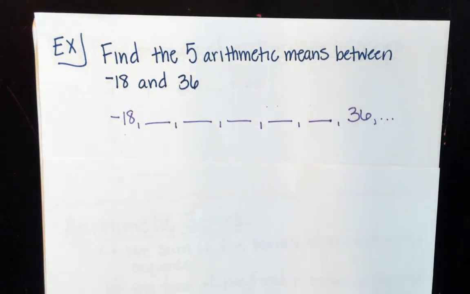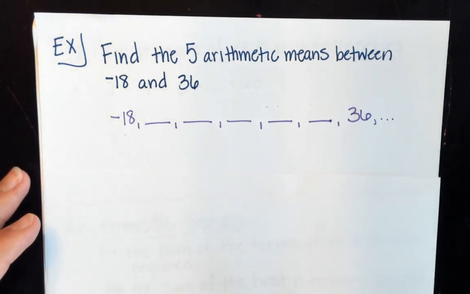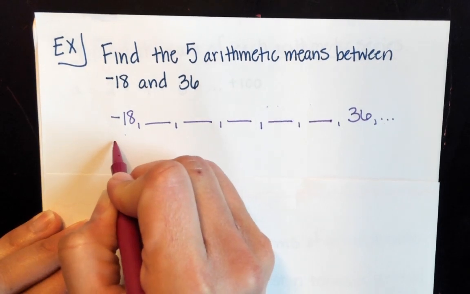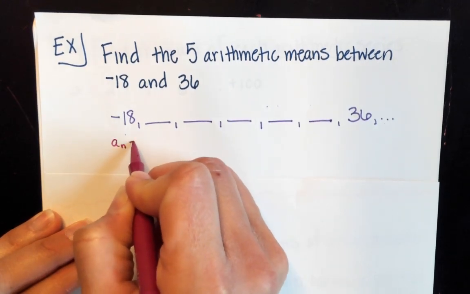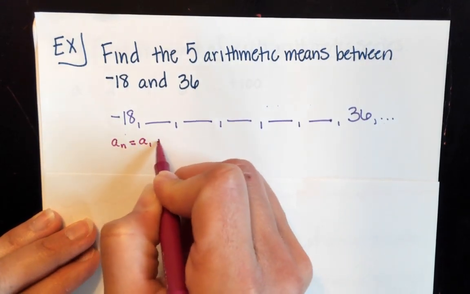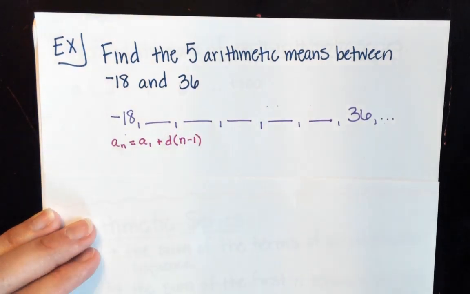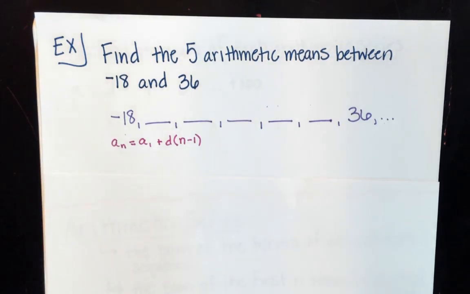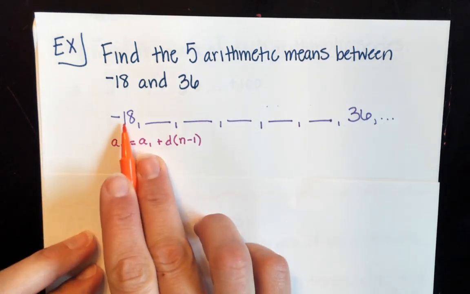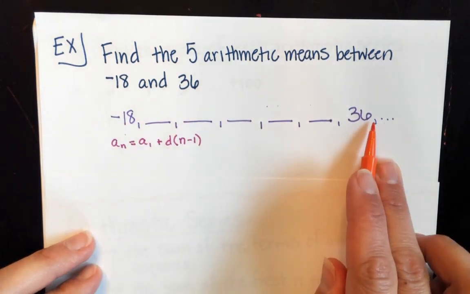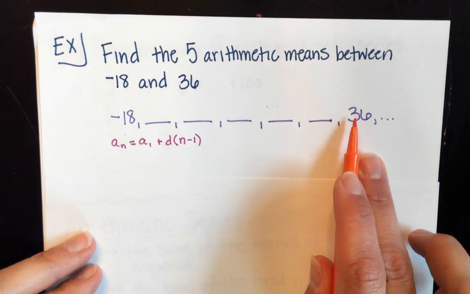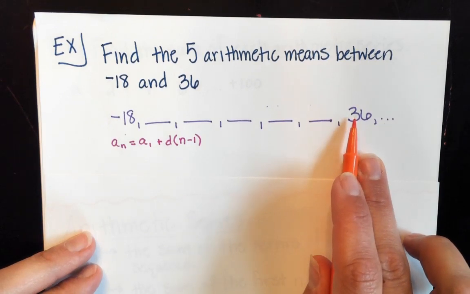So we're going to start this problem the same way we did with our formula. So our a sub n equals a sub 1 plus d times n minus 1. And for right now, we know that if we were going to get from -18 to 36, this is actually 7 spots.